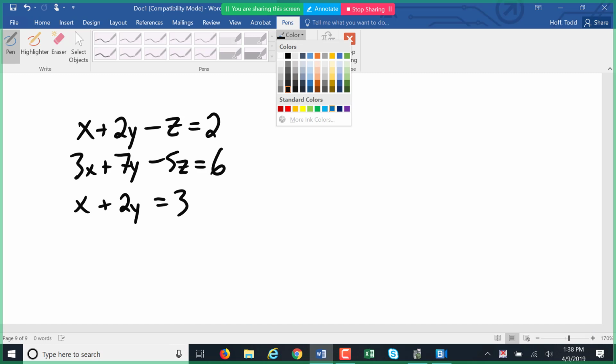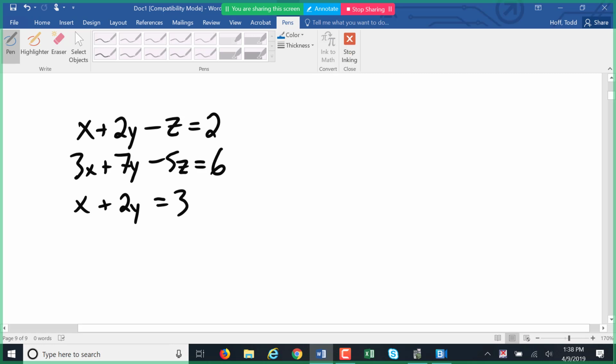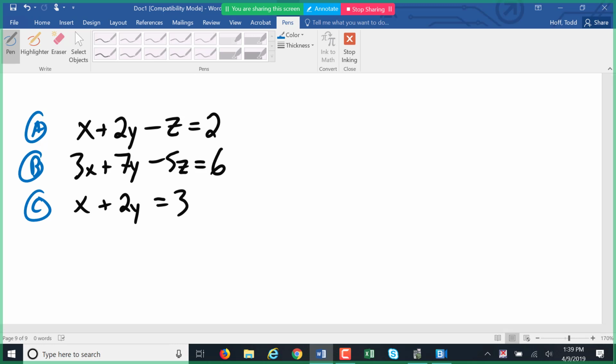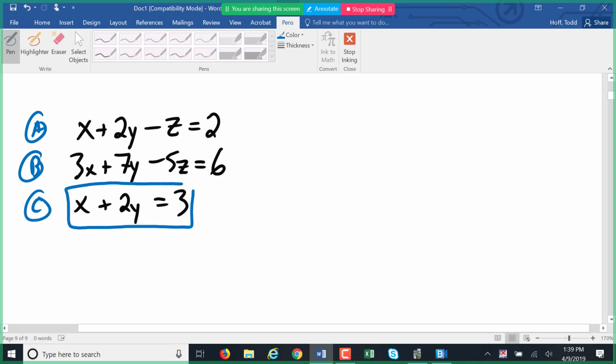Now you can see here this bottom equation doesn't have a z variable in it, which is fine. So what would work best here is if I could find some way to eliminate z using the top two equations. I can actually use this one as one of my two variable equations because it only has two variables.